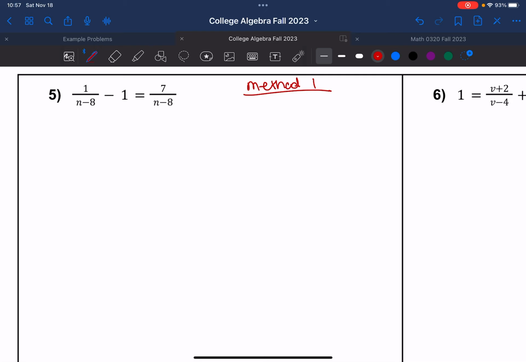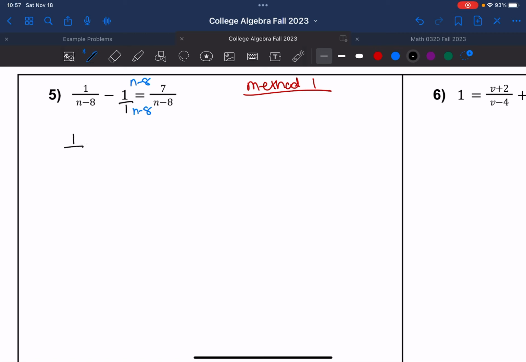Remember in method 1, our first step was to make sure everything had a common denominator, okay? So we have an n minus 8, an n minus 8, and then we just have to turn this 1 into a fraction and give it the denominator of n minus 8. So I'm going to write this over 1, and then multiply the top and bottom by n minus 8.